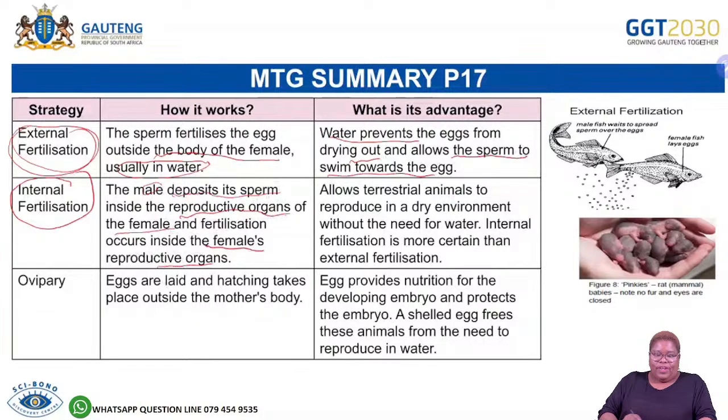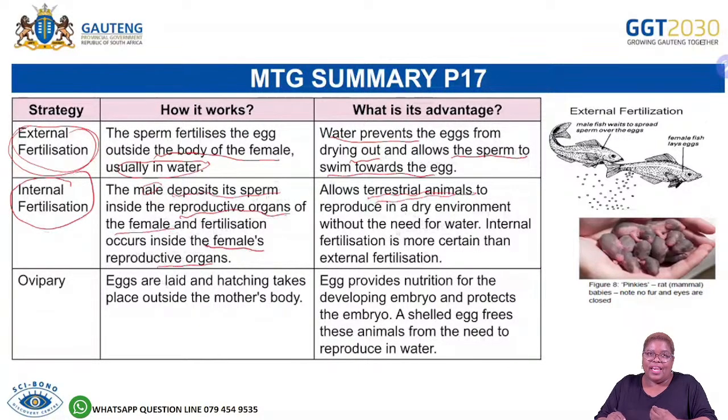Now, what is the advantage of internal fertilization? It allows terrestrial animals that are living on land, right, to reproduce in a dry environment. Remember, we don't need water. We don't need to be inside the water for fertilization to take place as animals, right?